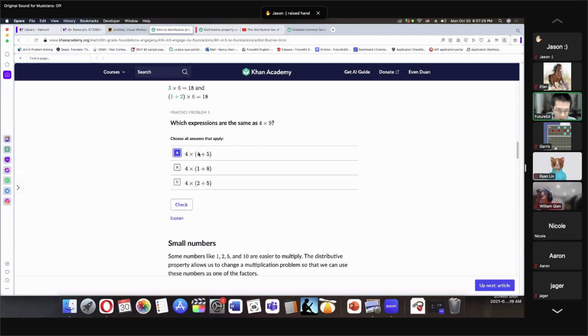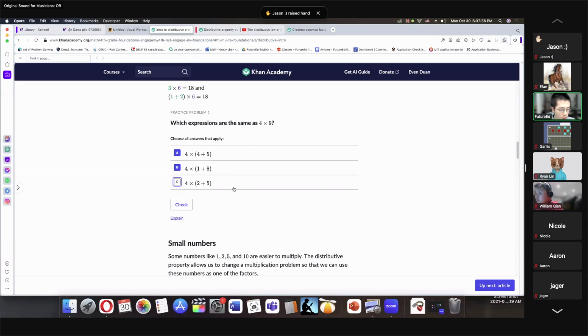You just need to look at what's the difference. You see, there's 4 times 9. That's the first expression. And then over here we have 4 times something. What was this something? Is 1 plus 8? 1 plus 8 is 9. And we see that 4 times 1 plus 8, that's the same as 4 times 9, right?